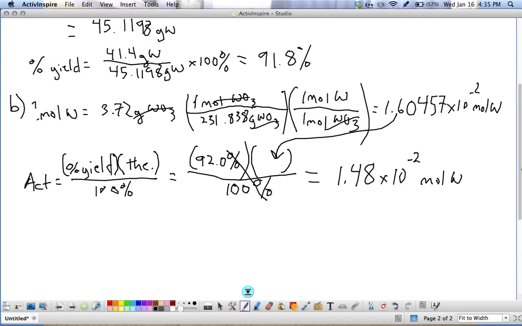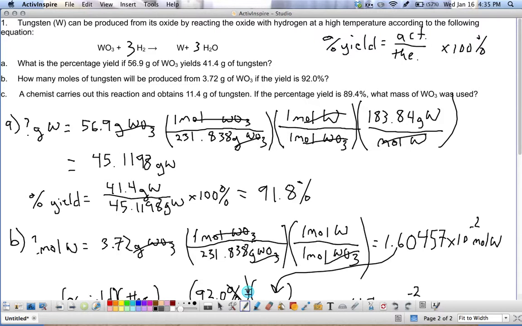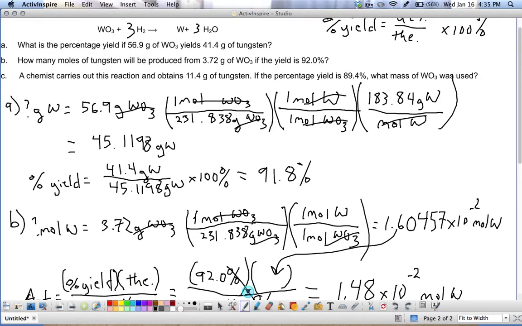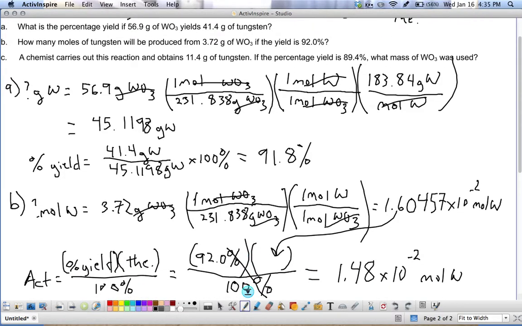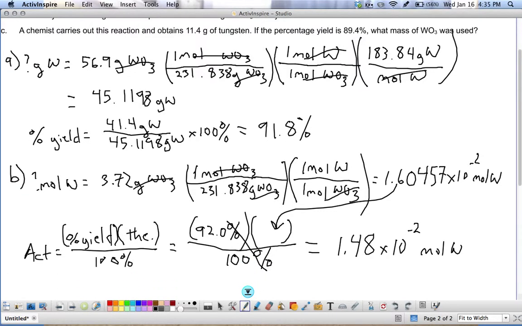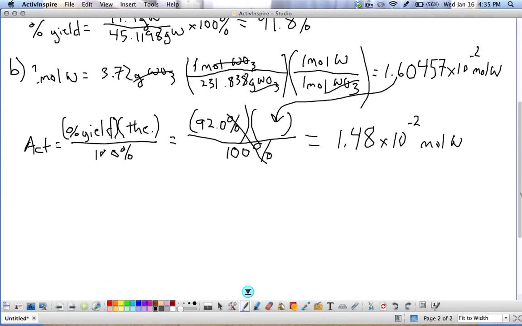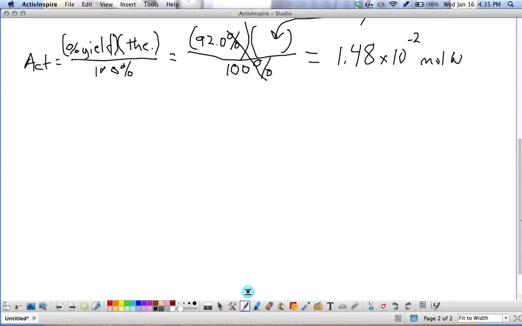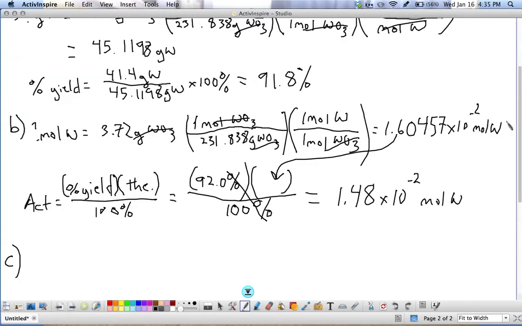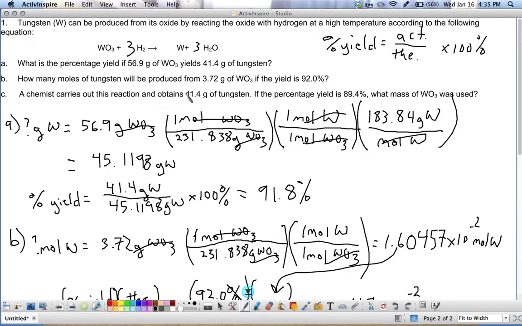The next part is part C, which is a chemist carries out this reaction and obtains 11.4 grams of tungsten. If the percent yield is 89.4%, what mass of WO3 was used? Alright, so this time we're actually going to start with a percent yield, because what they're really asking you to do is say you have this mass of tungsten that's actually produced.